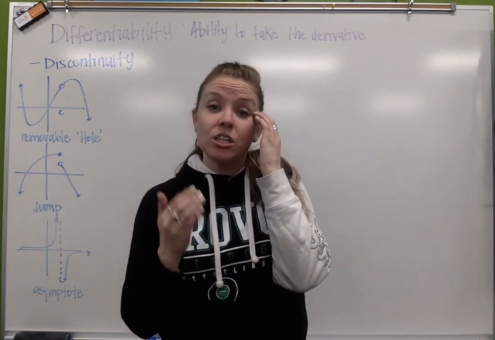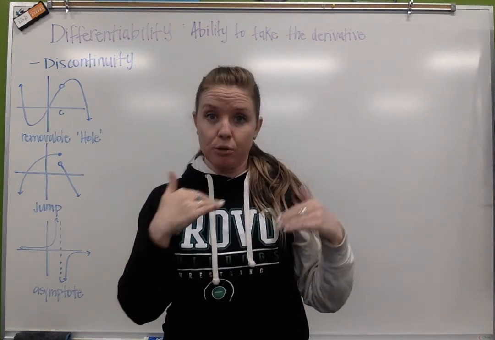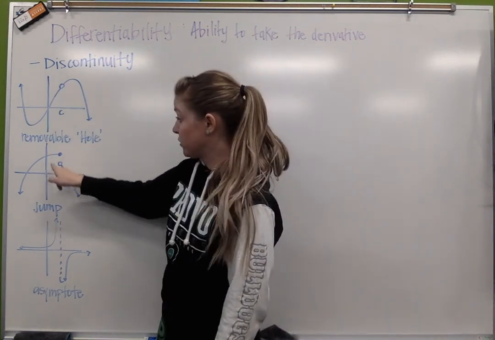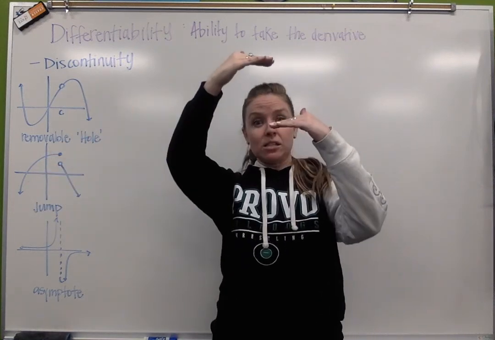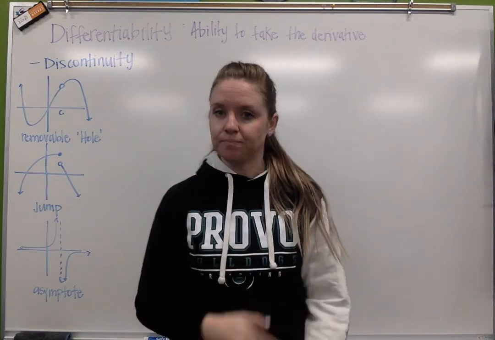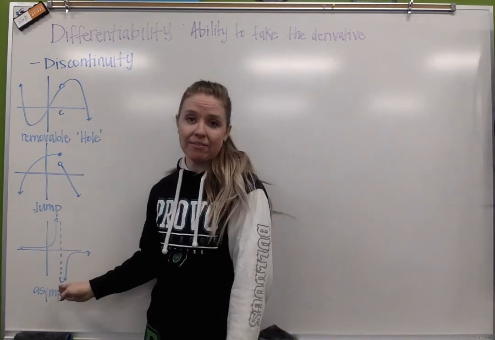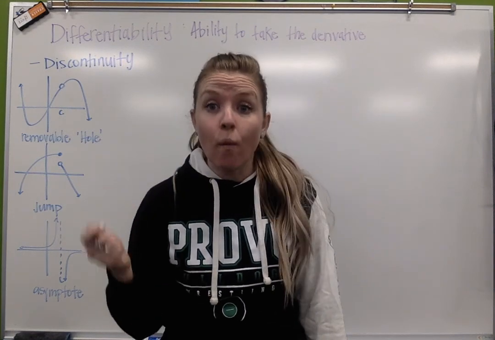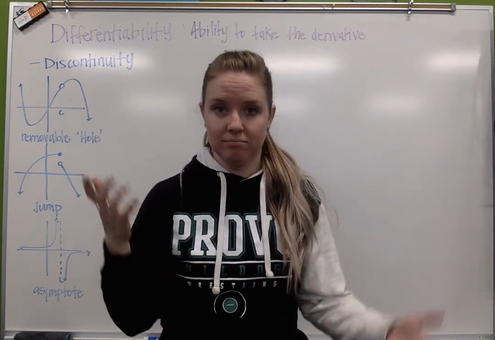Well, by definition, a derivative is a limit as h approaches 0. So if the slopes don't match, those are different looking slopes, and there's a discontinuity, there's no slope at that point. And the same thing when we have an asymptote. If there's an asymptote, there's no slope, because there's no function at that point.